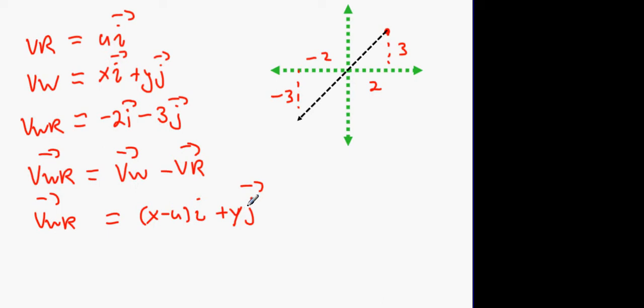Okay, so we have a simultaneous equation now. We have x minus u equals minus 2, and y equals minus 3.